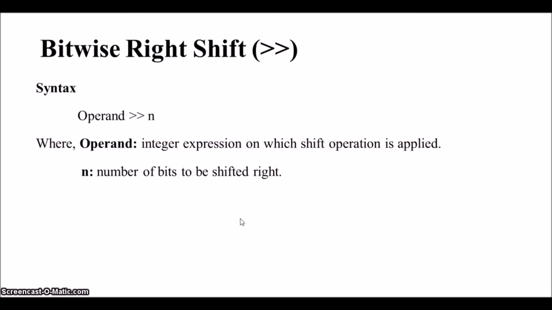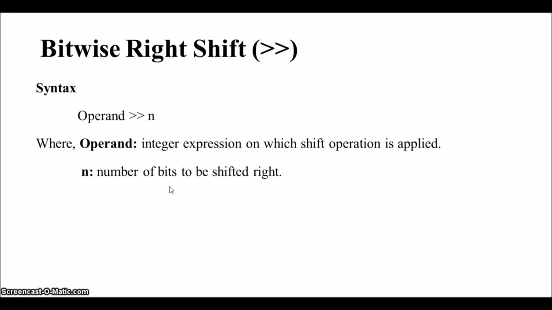Coming to the last bitwise operator, that is the bitwise right shift operator, which is denoted by the symbol >>. The syntax is as follows: operand right shift operator n. Again, operand indicates an integer expression on which the shift operation needs to be applied, and n indicates the number of bits to be shifted right.